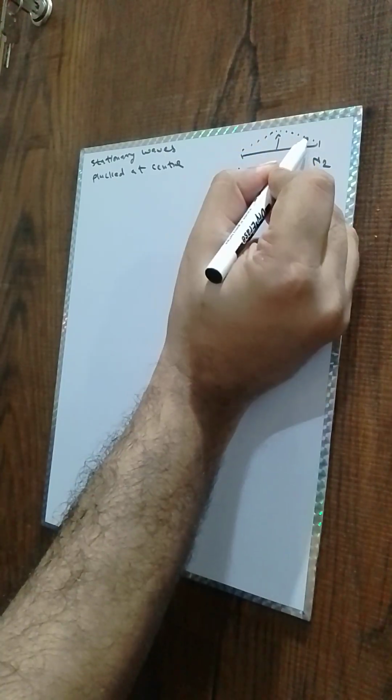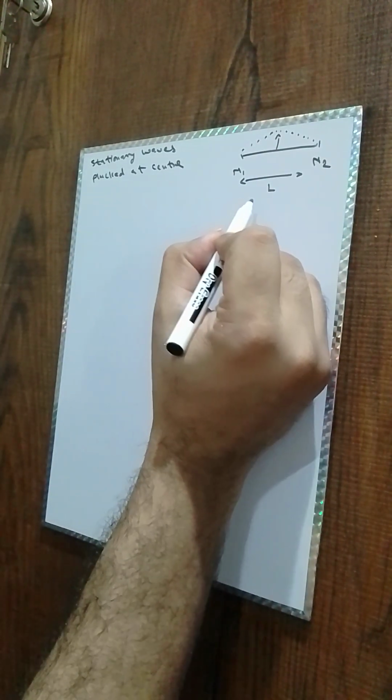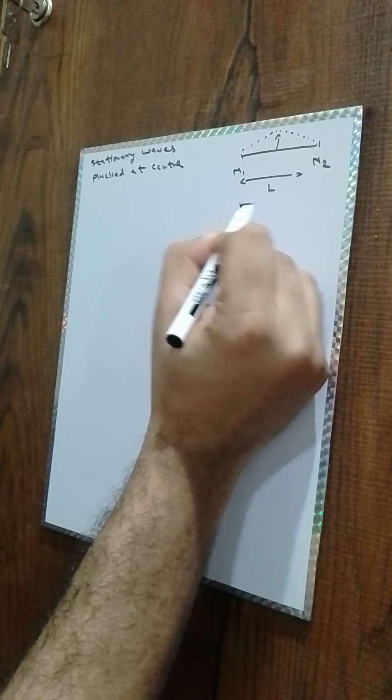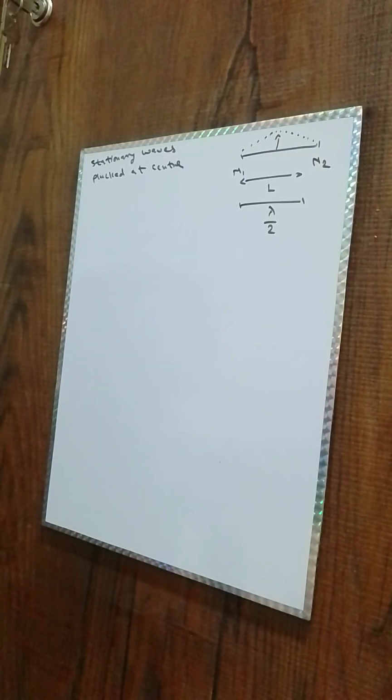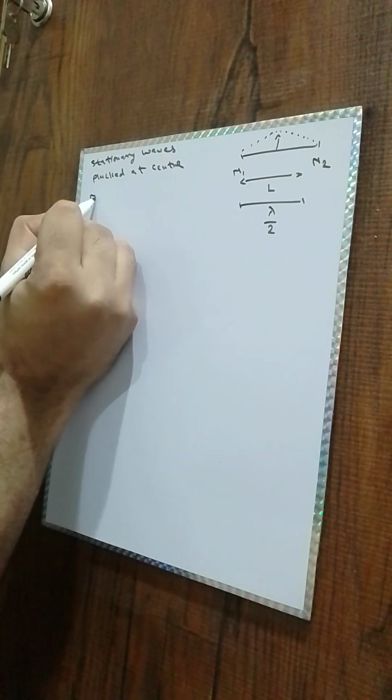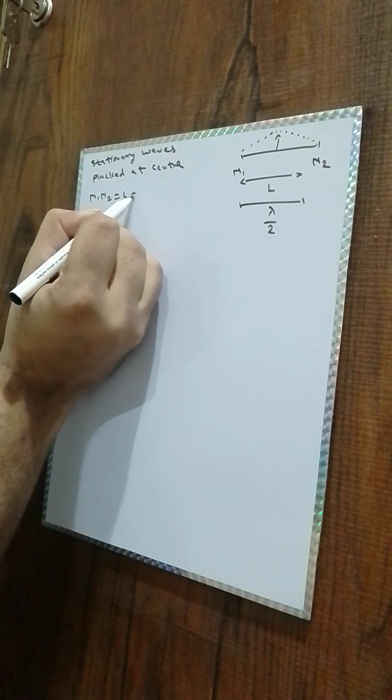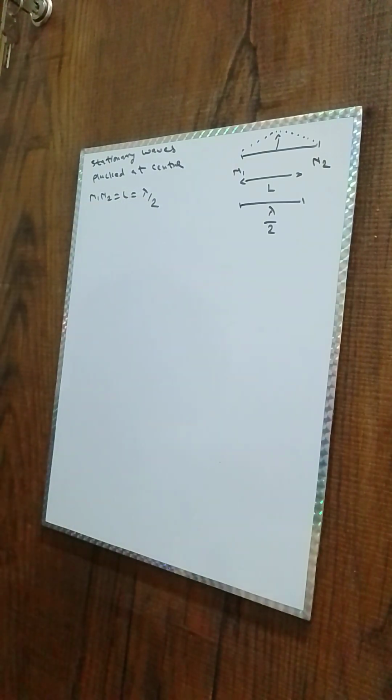We have a little wave, and this wavelength only has a crest and does not have a trough here, so this whole length is equal to half of the wavelength. So between nodes 1 and 2, L is equal to lambda by 2.